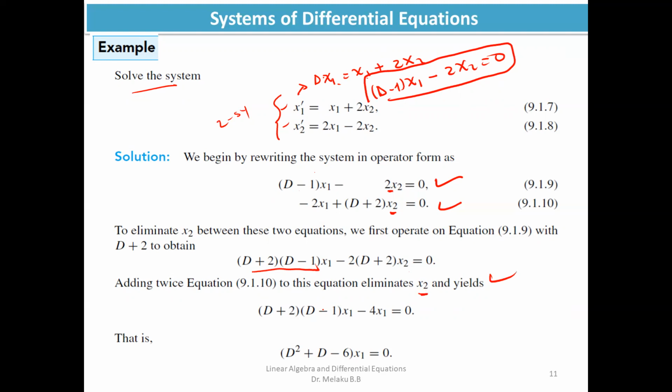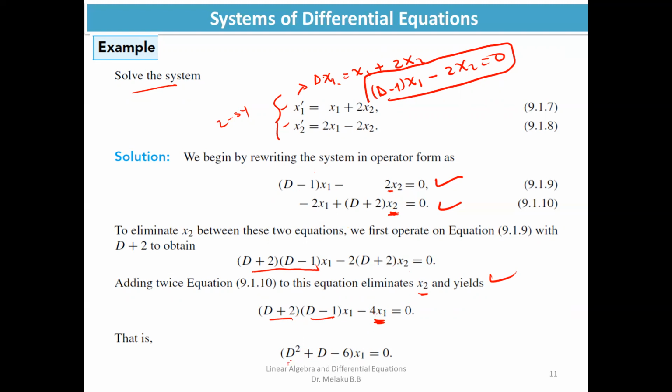Therefore, you will remain with the first equation, that is (D plus 2) times (D minus 1) x1 minus 4 times x1. This minus 4 times x1 is obtained from the second equation. Therefore, if you multiply D plus 2 by D minus 1, you will obtain D squared plus D minus 6 times x1, including this one.